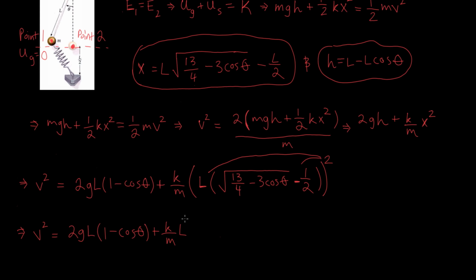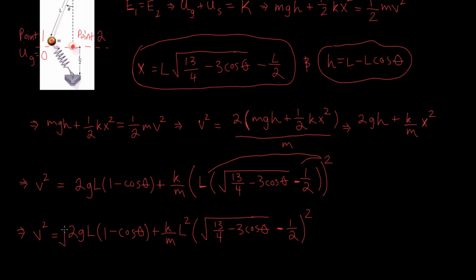L squared is just L squared, and everything inside of this parentheses we would also have to square. So the square is distributed into L and these other expressions, and all of that is equal to v squared.